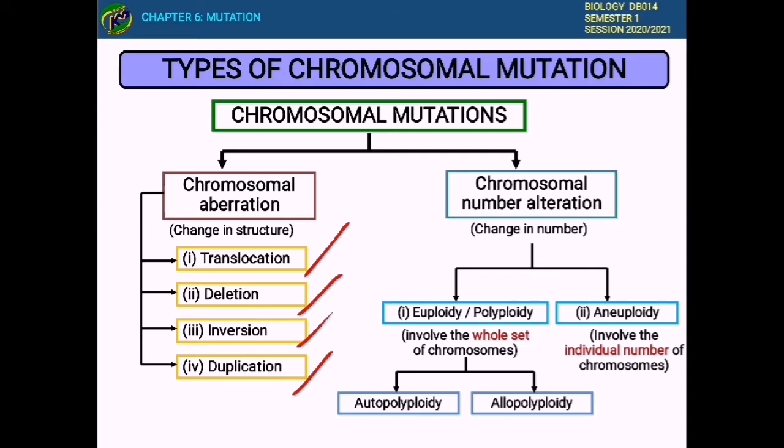So we have euploidy, or polyploidy, and also aneuploidy. Polyploidy involves whole sets of chromosomes, so the changes occur for the whole set of chromosomes, while in aneuploidy, the change in number involves only individual chromosomes. For polyploidy, we have two types: autopolyploidy and also allopolyploidy.